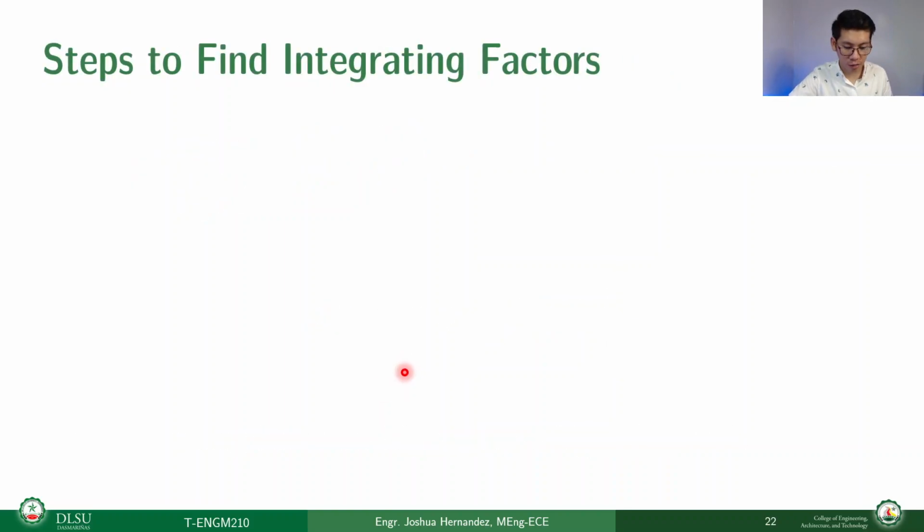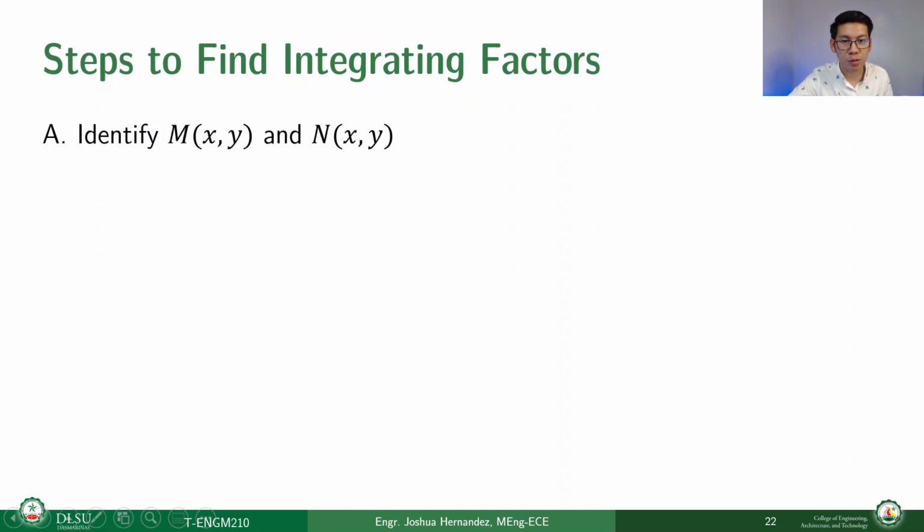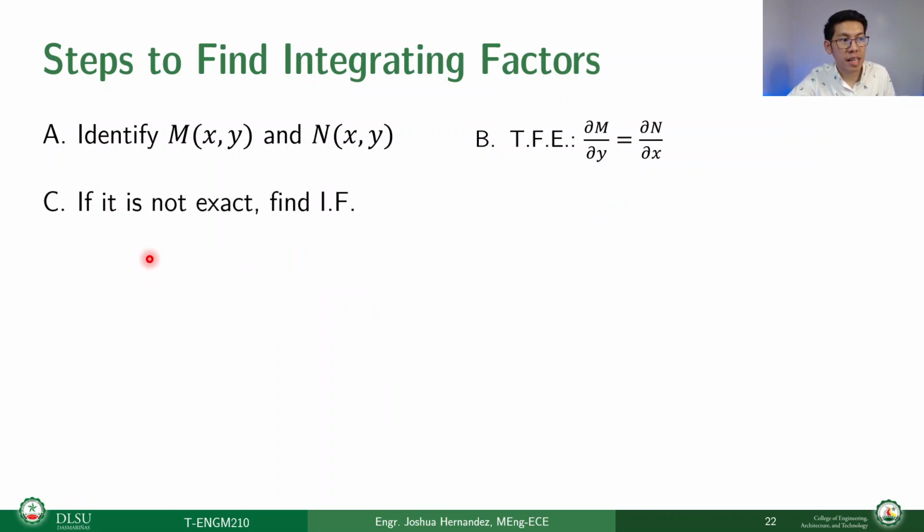Alright. Now, to summarize, here are my recommended steps to finding the integrating factors. First, of course, we need to identify what is our m component and n component. Next is we test for exactness. Now, if it is not exact, we need to find an integrating factor to make it exact. And how do we do that? We first consider epsilon of x and psi of y.